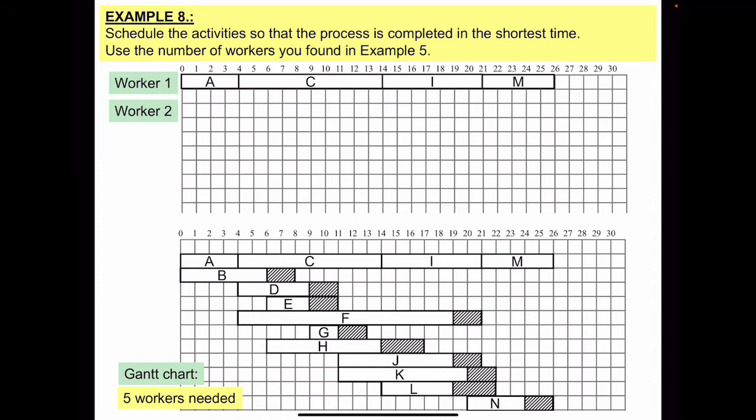So next one is worker number 2. So I start with the B activity. You can see it starts at 0 and finishes at 6. There is a float, but I'm following the early event time and late event time. When B activity is finished, the D activity or E activity could start.